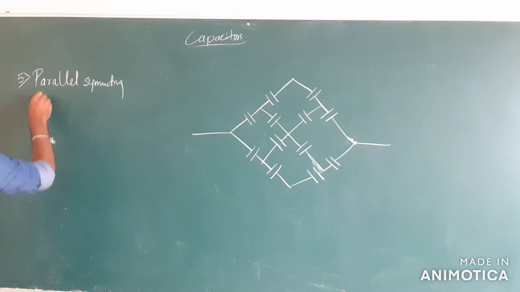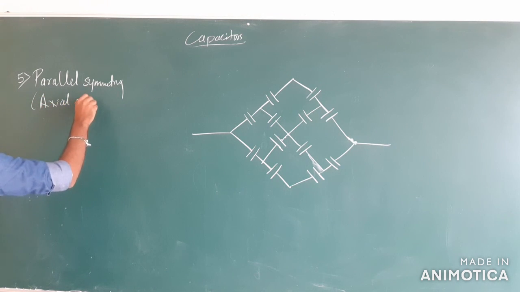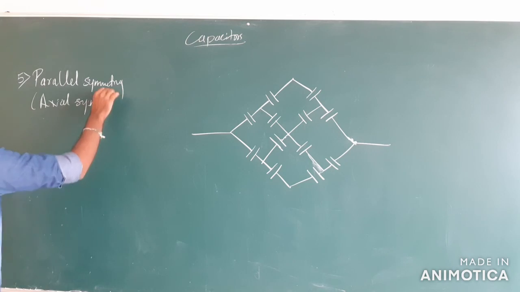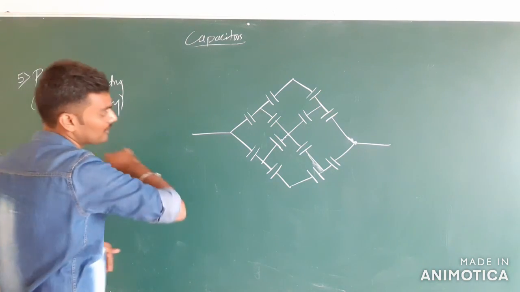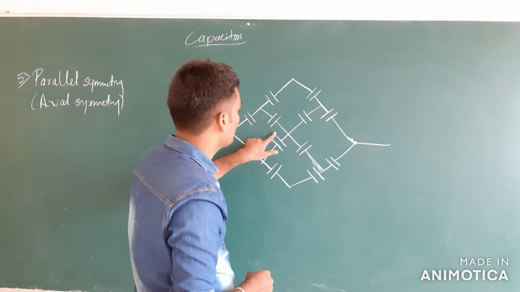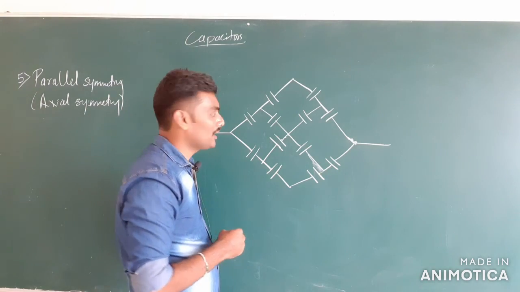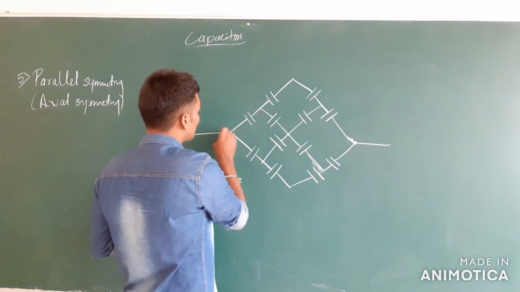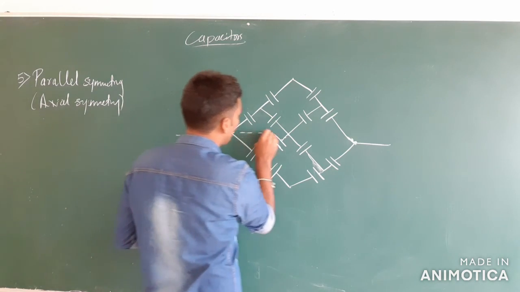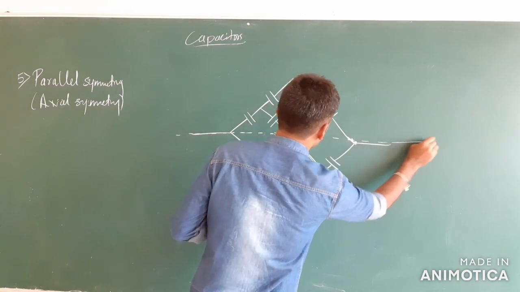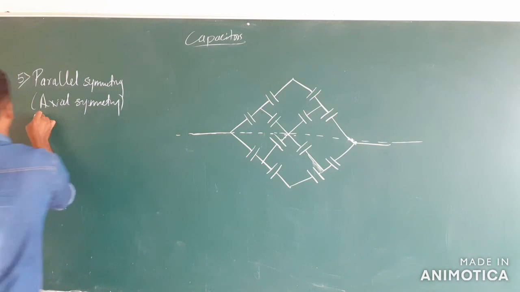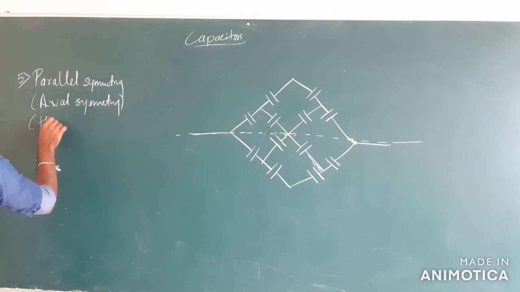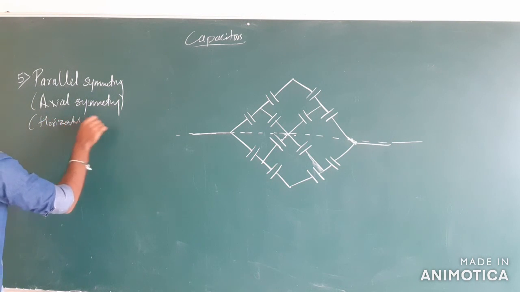Parallel symmetry or axial symmetry. I hope the word axial symmetry makes the symmetry pattern easy for you. What do you mean by axial symmetry? It means that if I divide the circuit horizontally or axially like this, it is also known as horizontal symmetry. That's also fine.